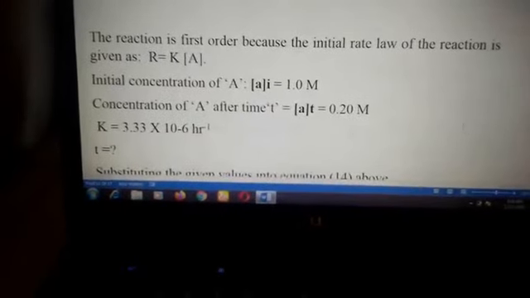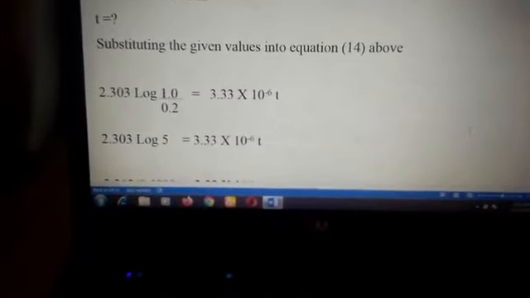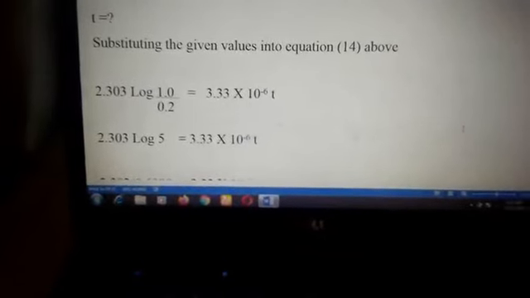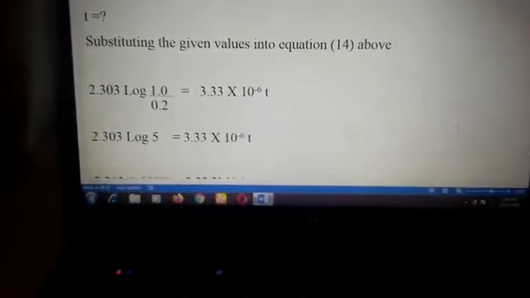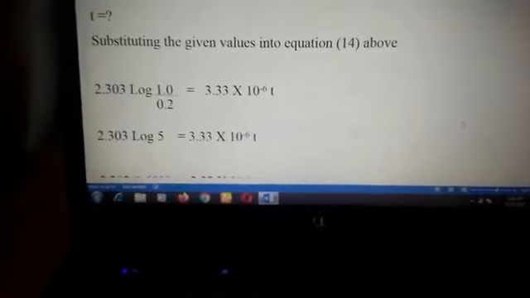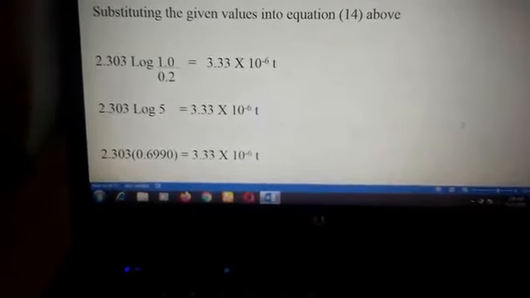You can see them listed here. So we substitute in that formula. We have 2.303 log of 1.0, the initial, all over 0.2, that is At, because after some time, equals our k, which is 3.33 times 10 power minus 6 multiplied by t. Then if you divide 1.0 by 0.2, you get 5.